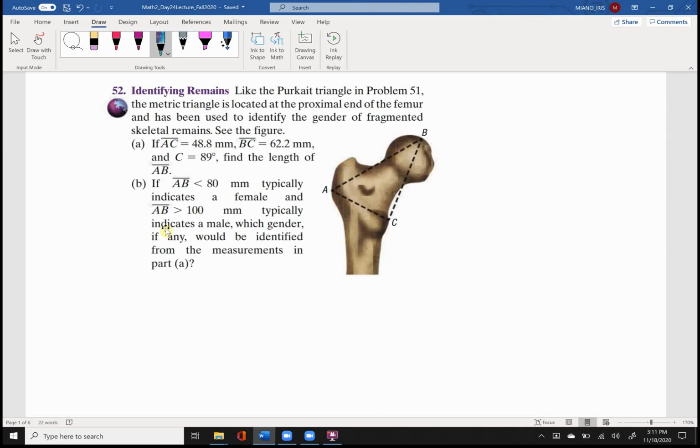This is number 52. It's referring to a Purkate triangle that was presented in the previous problem. We don't actually need that information. We just need some lengths and an included angle in order to figure out part A, and then part B is just a painfully obvious question.